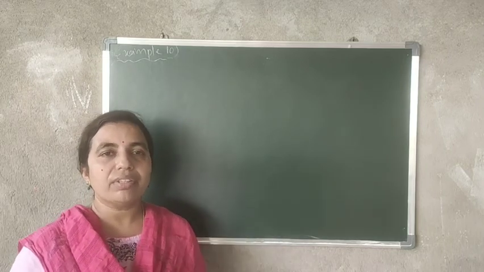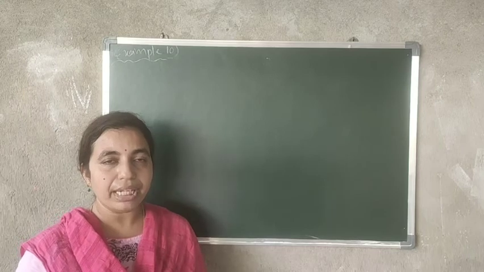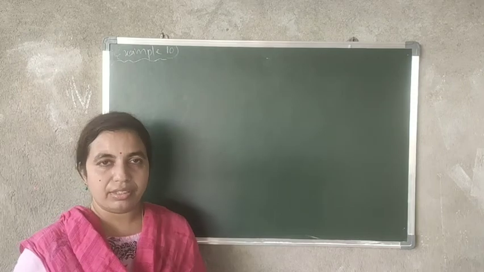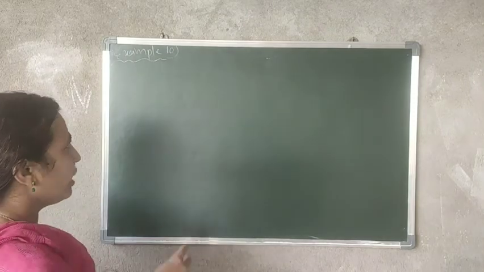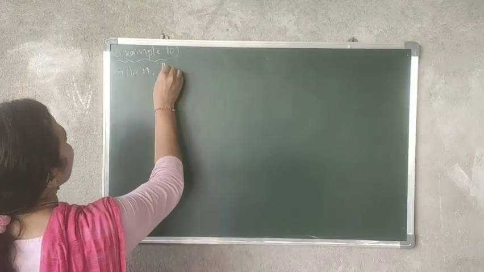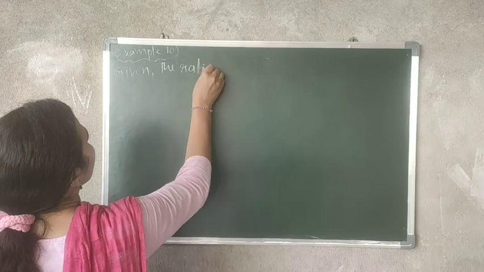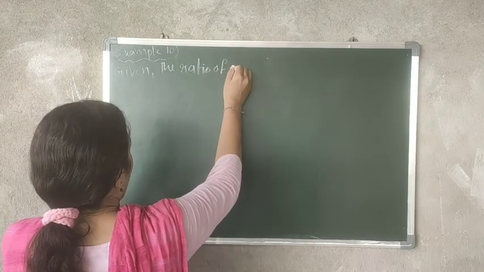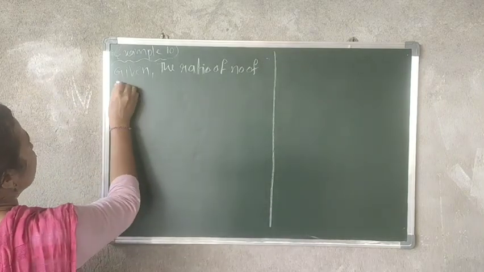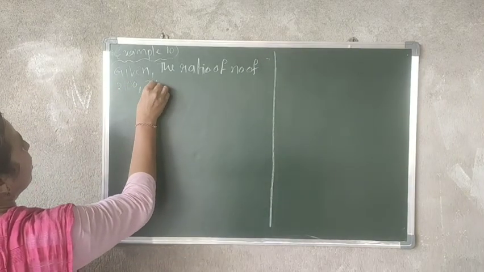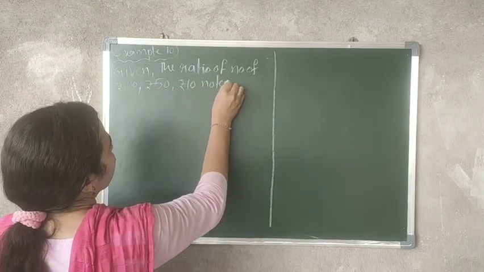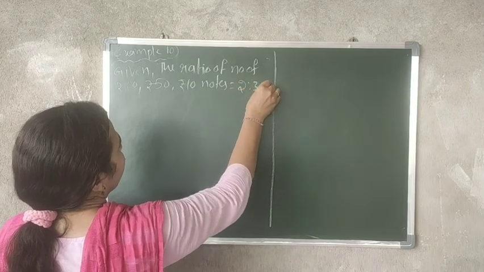You already know that whenever a ratio is given, there is some common factor among all those quantities. So let us consider: the ratio of 100, 50 and 10 rupees notes is given as 2:3:5.